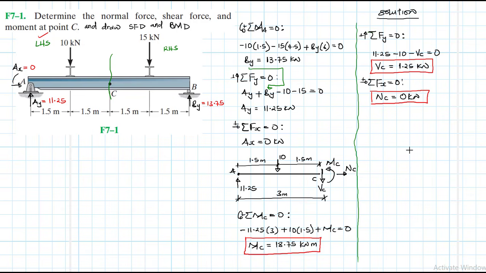So we know that the rate of change of moment with respect to x is equal to shear force, and the rate of change of shear with respect to x is equal to the distributed load Q. And if this is the case, then shear itself is equal to the area under the loading diagram, and moment is equal to the area under the shear diagram.